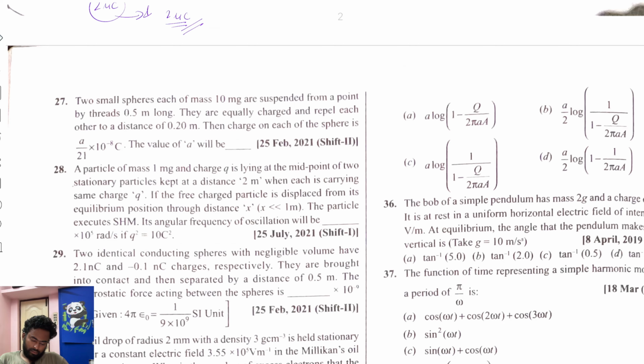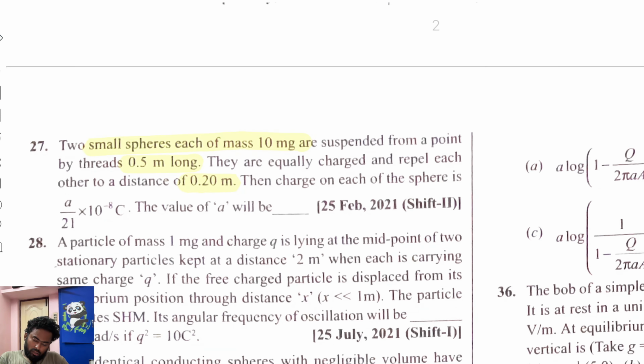Question number 26. Two small spheres of 10 grams are suspended from a point by threads. They are equally charged and repel each other to a distance of 0.2. Charge on each sphere will be? Again, this type of question we are continuously doing, so no problem.